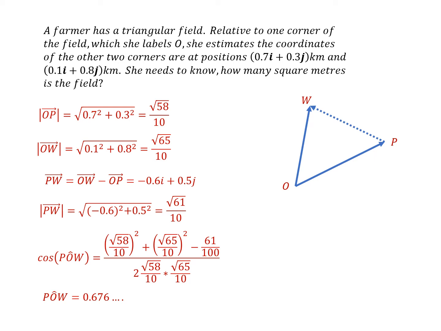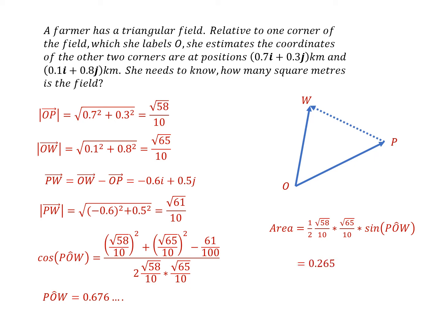But the question is asking us how many square meters is the field. So it's the area which we're looking for. The formula I'm going to use is a half AB sine C. When I put that into my calculator, I get the answer 0.265.